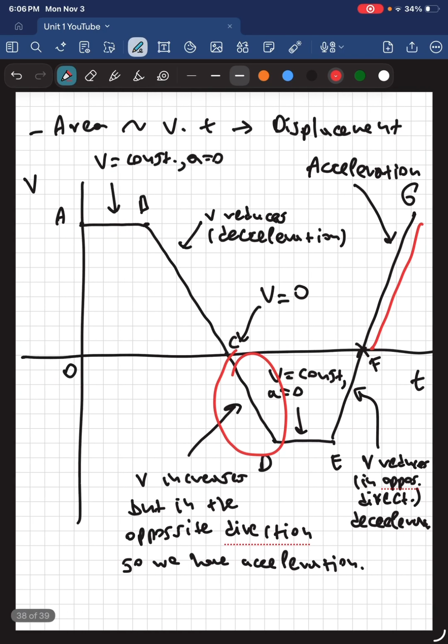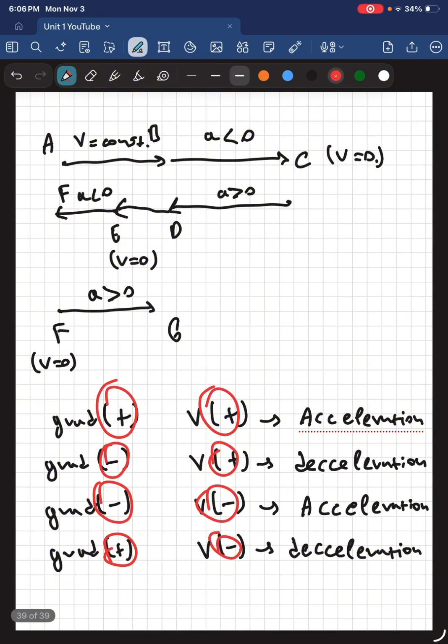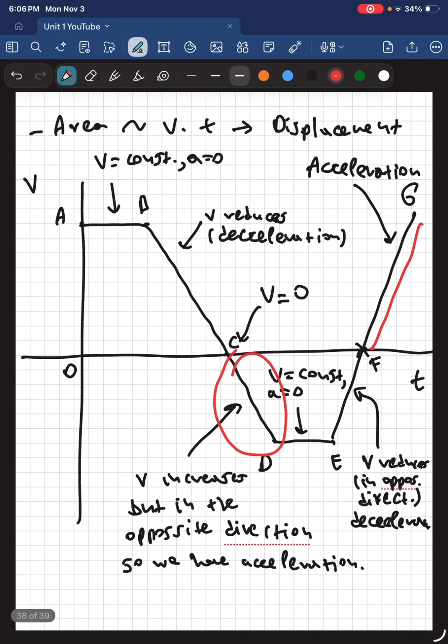Therefore, we have acceleration, because remember, the object starts from 0 velocity and then it increases its velocity to this point over here. So this will be your final velocity in the segment C from D.